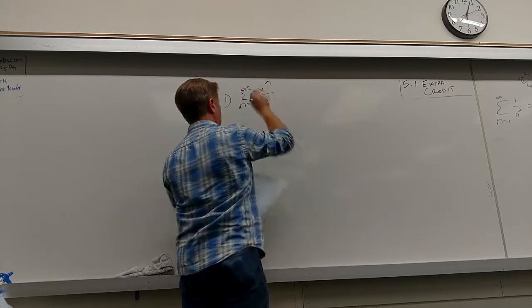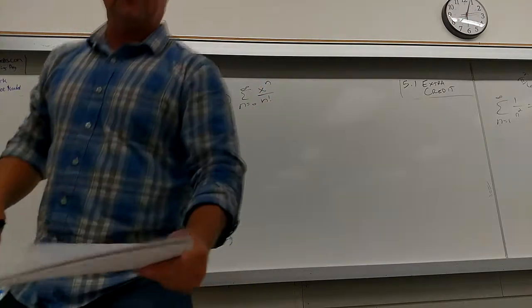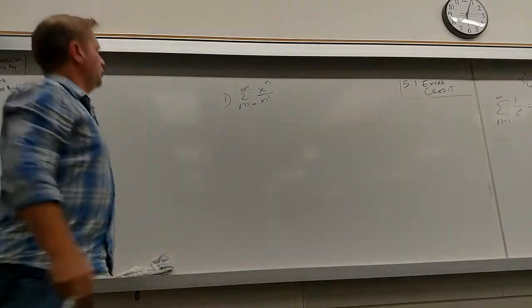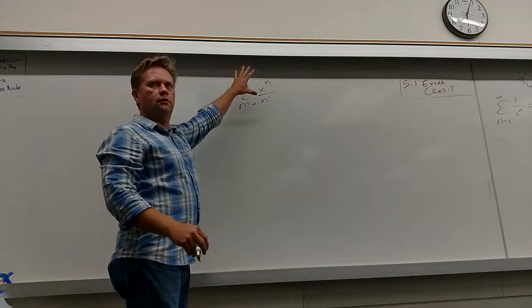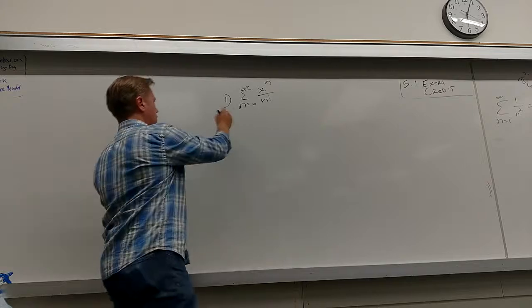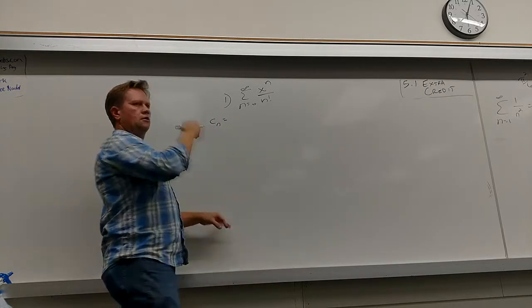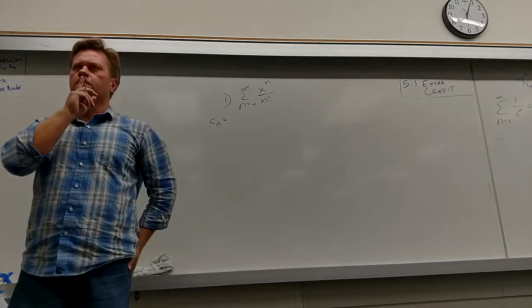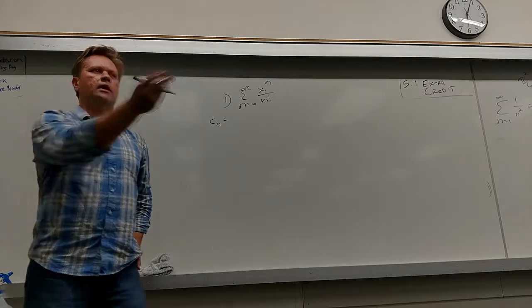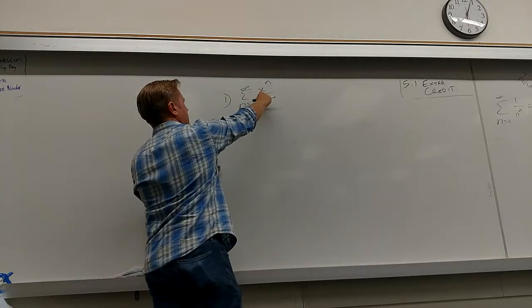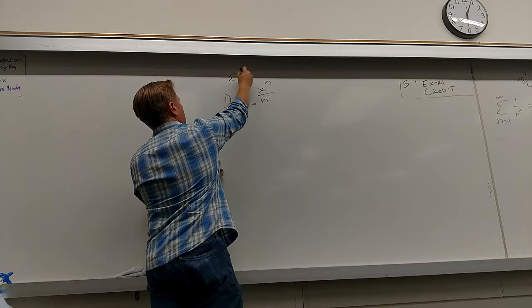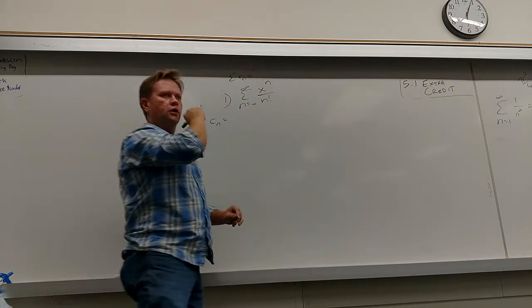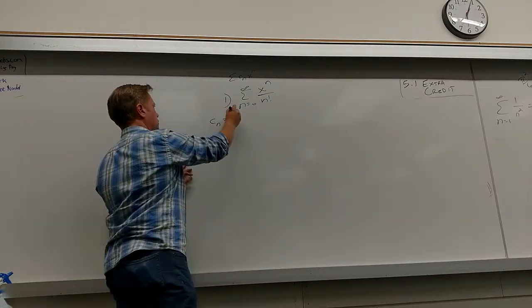I want to find the radius of convergence. First off, what would Cn be in this? Comparing it to the general form, what are the coefficients? Let's say you're centered at 0, so this would be some Cn x to the n, over n factorial. So Cn is 1 over n factorial.